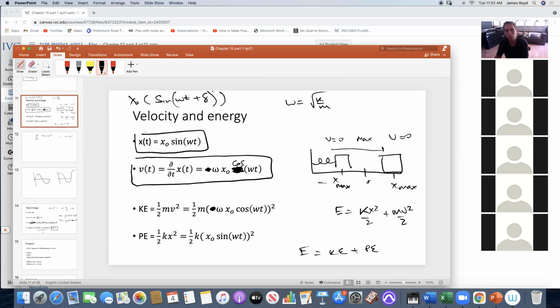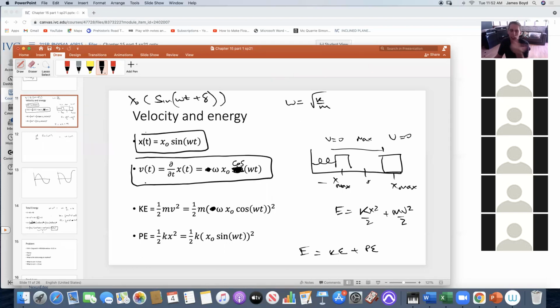Essentially, the sine part of this is simply alternating between -1 and 1, and our system is alternating between negative x max and x max. So sine is like the temporal factor that's telling you where it is at any time. By taking the derivative of this once, you get the velocity.